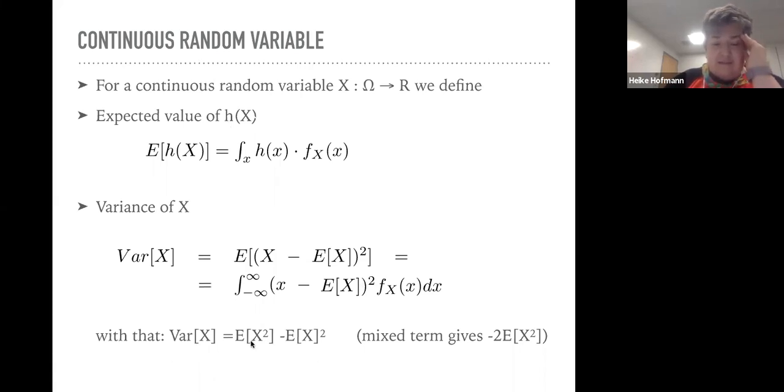It might be easier to just calculate the expected value of x and the expected value of x squared, where we have x squared times f of x, and then look at the difference between the expected value of x squared and the square of the expected value. If you do a little bit of calculus here, you'll see that this is going to be the variance itself.